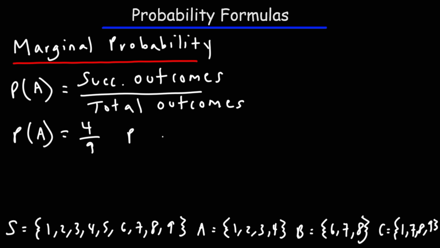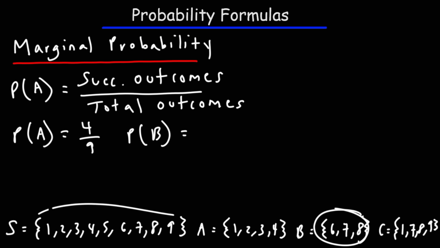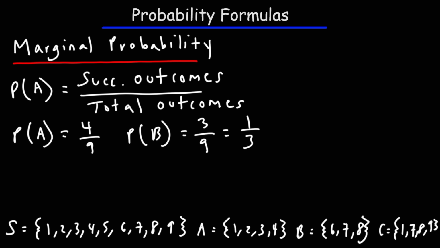Let's say if we want to calculate the marginal probability for event B. The probability that event B will occur is we have 3 successful outcomes, divided by a total of 9 possible outcomes. So it's 3 over 9, which reduces to 1 over 3. Now 1 over 3 is basically 0.333 as a decimal.